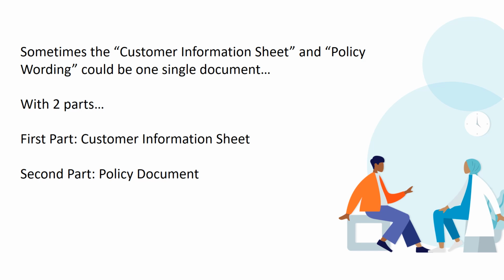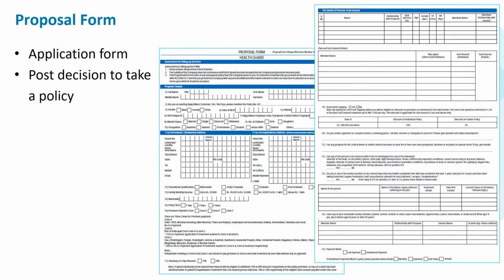So sometimes customer information sheet and policy wording document are provided as a single document with 2 parts, with the first part containing the customer information sheet with a reference to the policy wording document, and the second part being the actual policy wordings.